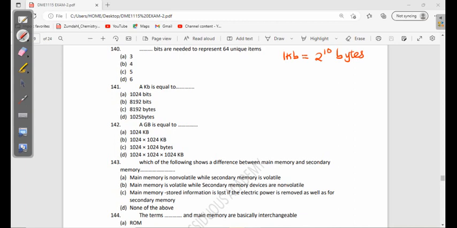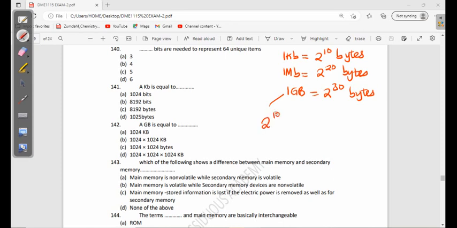So I can break this 2 to the power 30 for a GB. I can write it as 2 to the power 10 multiplied by 2 to the power 10, again multiplied by another 2 to the power 10. So these are all bytes. But we know that 2 to the power 10 bytes is equal to what? A kilobyte. So where there is 2 to the power 10 bytes, I put a kilobyte.